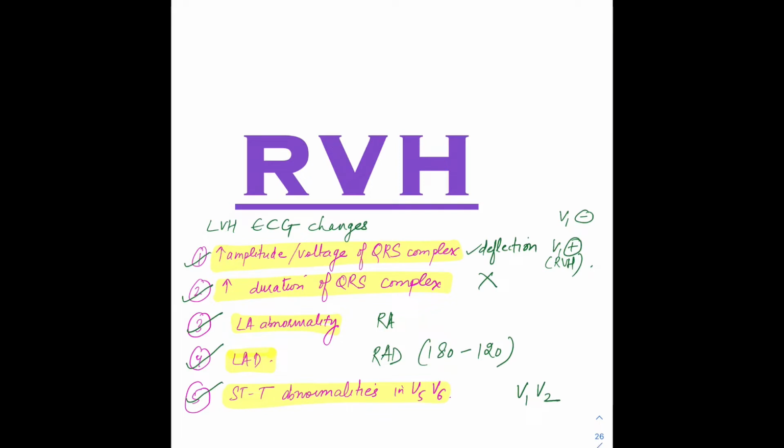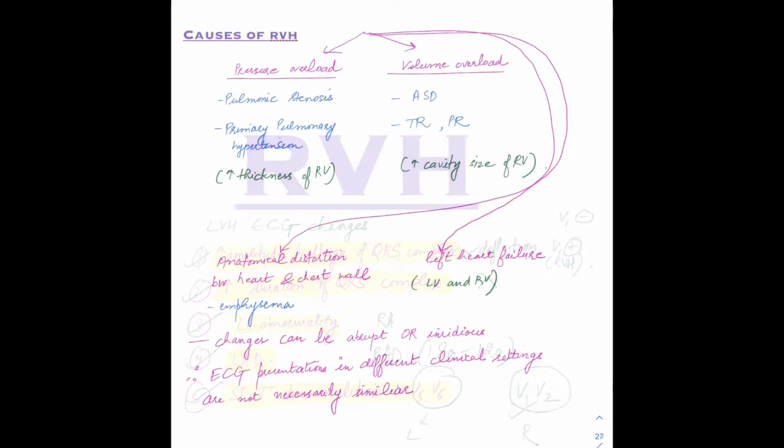If you try to imagine a picture in which you have ECG leads put on over the chest, you'll see that the leads V1 and V2 are closer towards the right side of the heart, and the leads V5 and V6 are closer towards the left side of the heart. Therefore, leads V1 and V2 best represent the right ventricle, and the leads V5 and V6 best represent the left ventricle. So that is in summary what we are going to study.